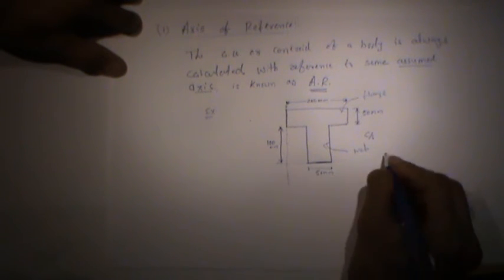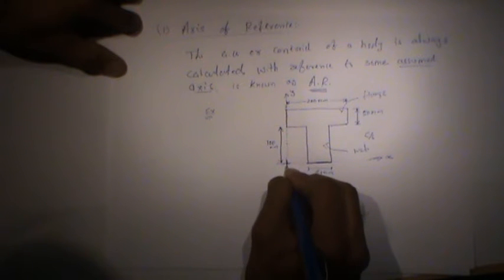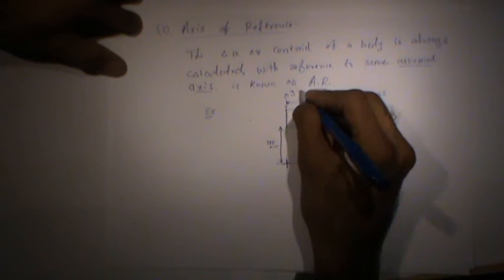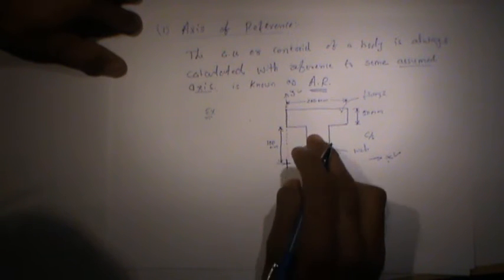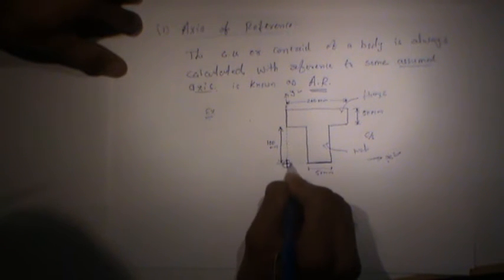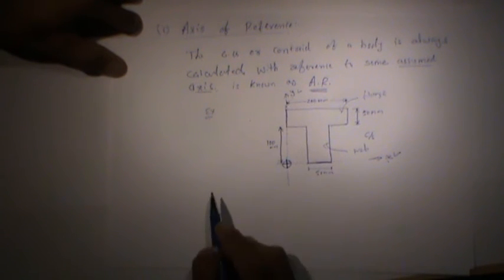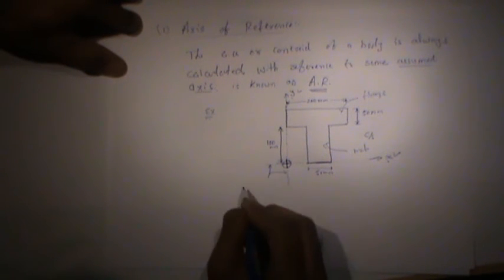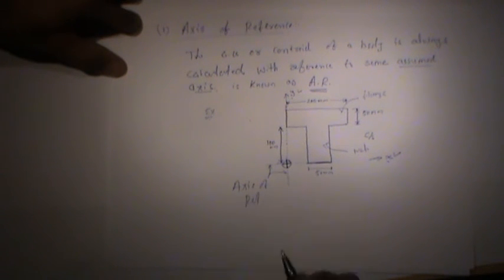Suppose this axis is the x-axis and that is the y-axis, which intersect over here. With these axes x and y, we will find the center of gravity of this section with reference to this intersection point of the x-axis and y-axis. So these axes x and y are known as the axis of reference.